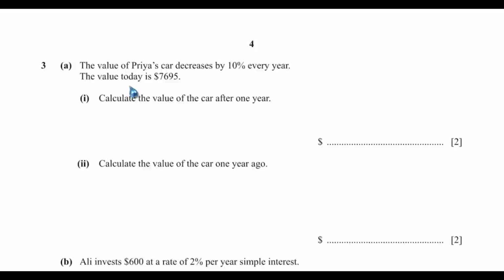Question 3. The value of Priya's car decreases by 10% every year. The value today is $7,695. Calculate the value of the car after 1 year. So the percentage decrease is 10%, and the initial value is $7,695.